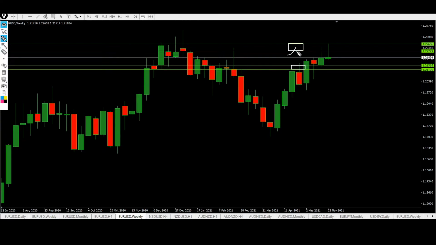However, if price closes above this gap, it no longer provides resistance. Moreover, if price came down into the middle of this gap down here, this gap still provides support. But if price comes down and closes under this gap, then this gap does not provide support at that point.